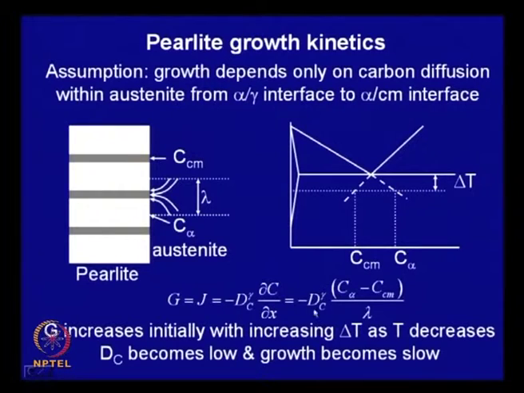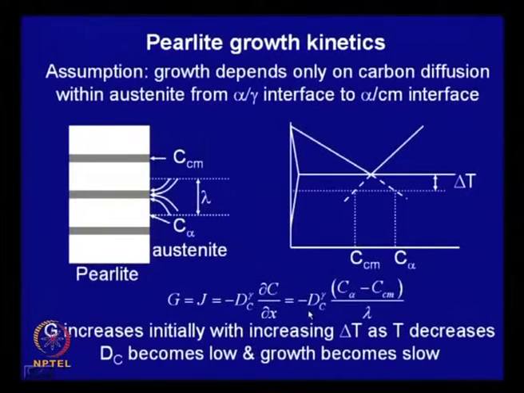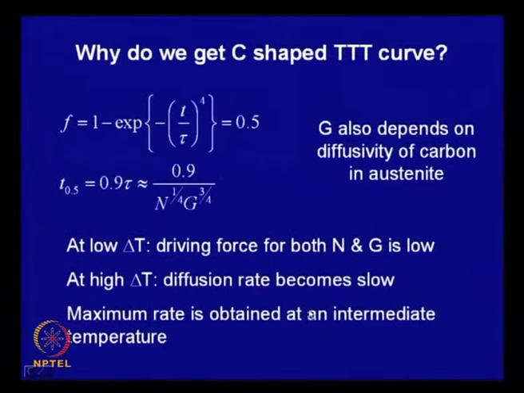There are two opposing factors. Therefore, G initially increases with delta T, but when you go down, the lowered diffusivity becomes more predominant, so it can become slow again. That is why you get the C shaped curve in the transformation diagram, and this answers why we get a C shaped time temperature transformation curve.